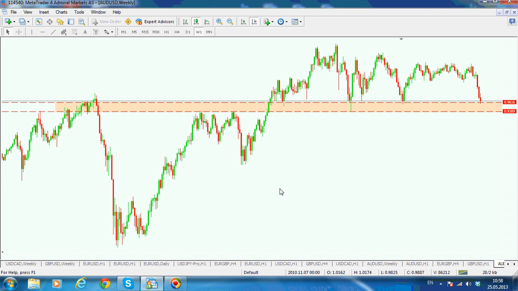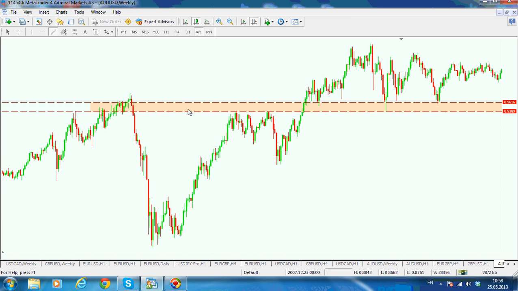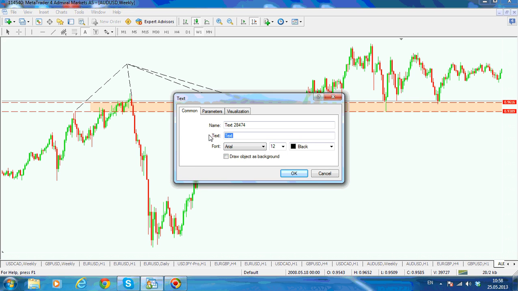So I would say that while we had here 4 levels of resistance, so 1 here, 2, 3, 4, it has been tested 4 times to the upside, so this was resistance. So 4 areas of resistance.